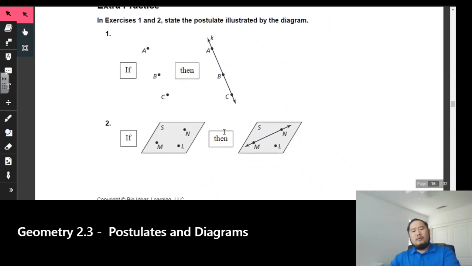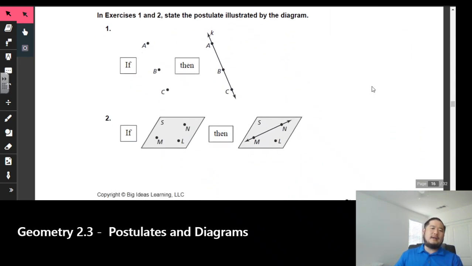So, we're going to put all that together into practice right here. We're going to state the postulate illustrated by the diagram. If I look at number 1, I see 3 points. It says if A, B, and C, 3 points, then all of a sudden we have a line going through those points.